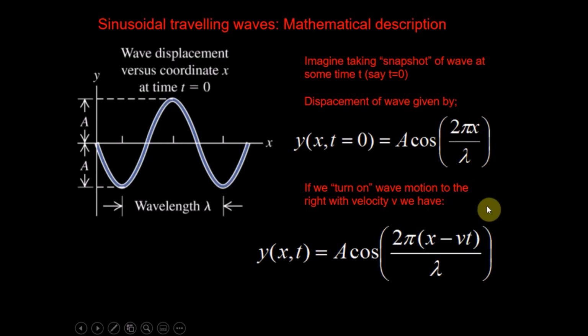If we look at the wave motion and say it's moving to the right of this particular diagram with a velocity v, then we'll say that our displacement at some point will be the amplitude times cos 2 pi (x minus vt) divided by our lambda. This really comes from our equations of motion.